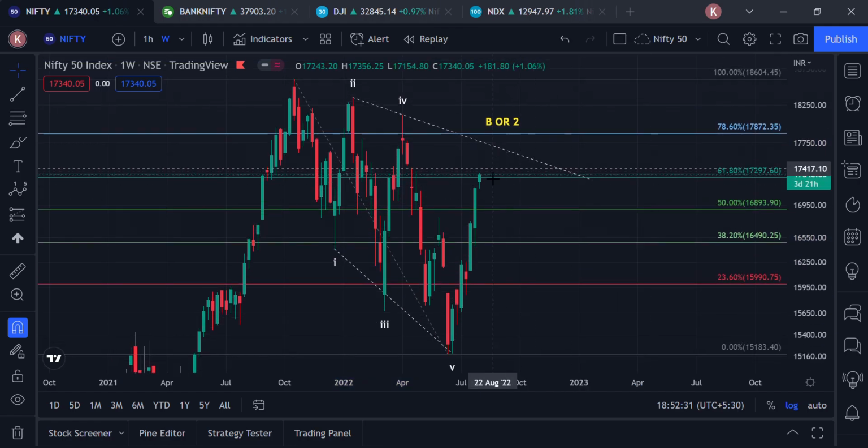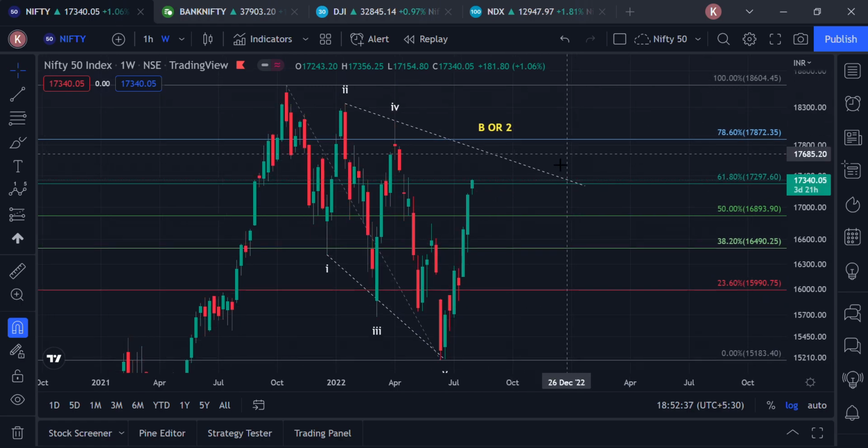61.8% has already been achieved. So what I'm saying is 78.6% is achievable, and it may give a fake out somewhere here. In 2 or 3 weeks, we can reach up to 78.6%, which is 17,872.